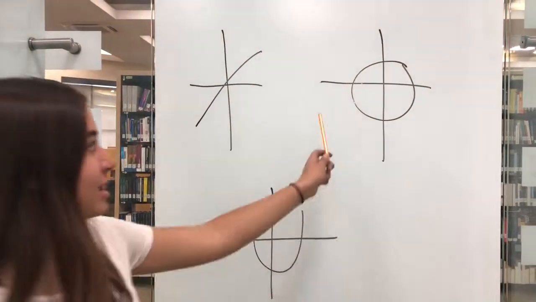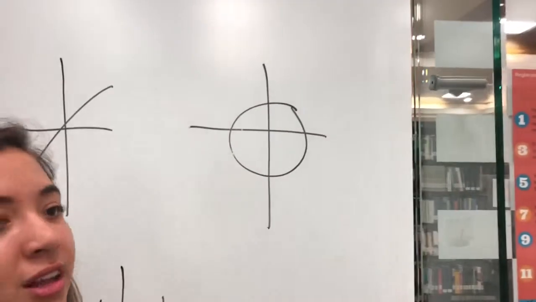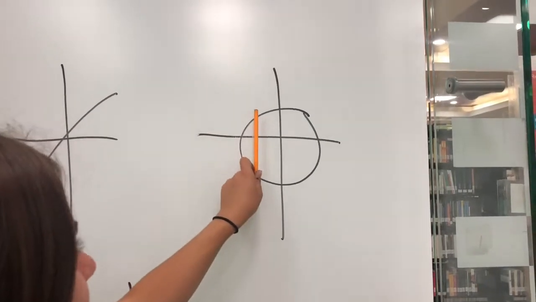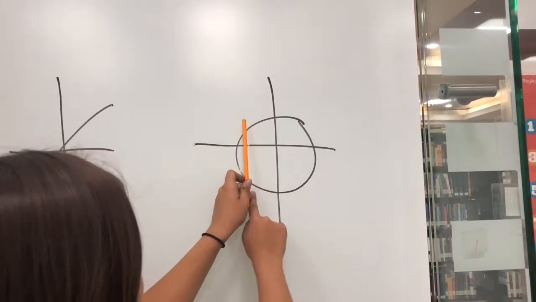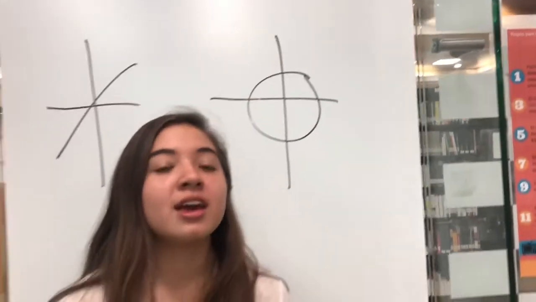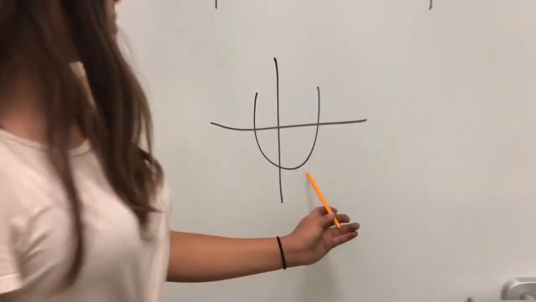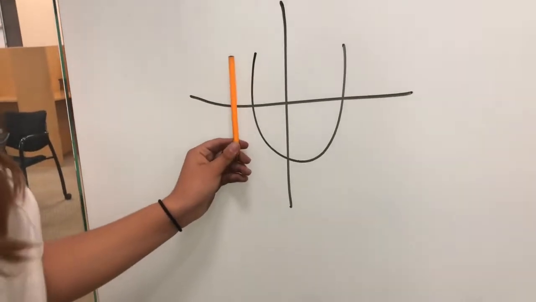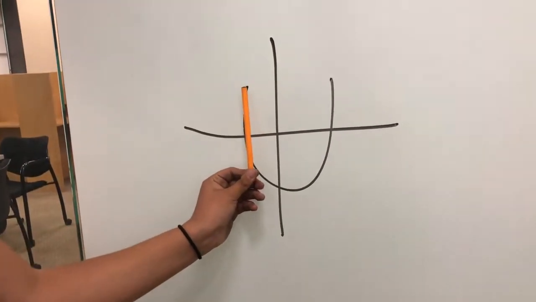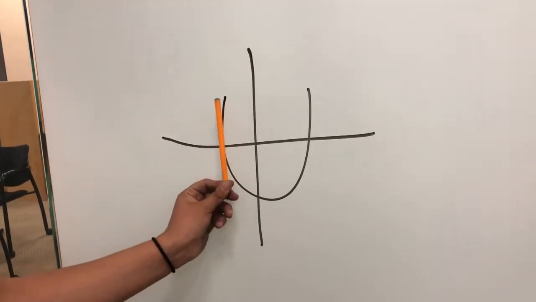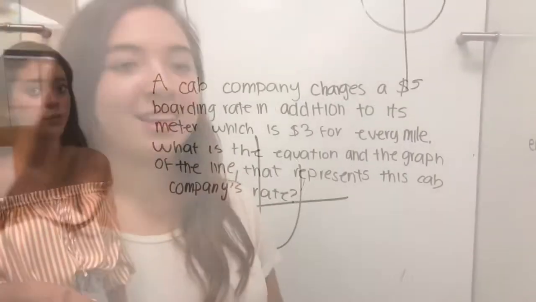But in this graph, if we do the vertical line test and we pass it like this, we can see that it touches 2 points, this one and this one. That means that it's not a function. In this other graph, if we do the vertical line test, we can also see that it touches more than 2 points, this one and this one. So it's not a function either.